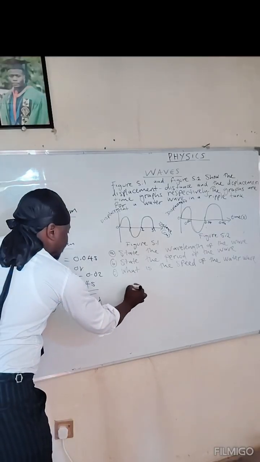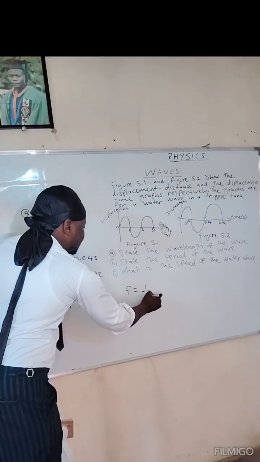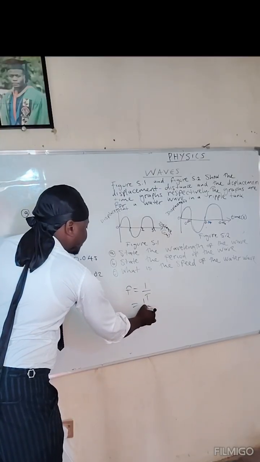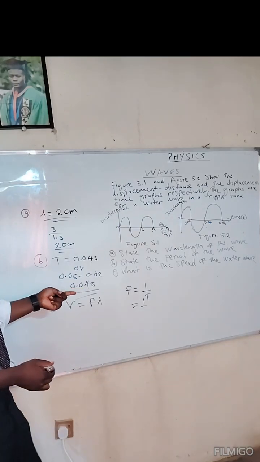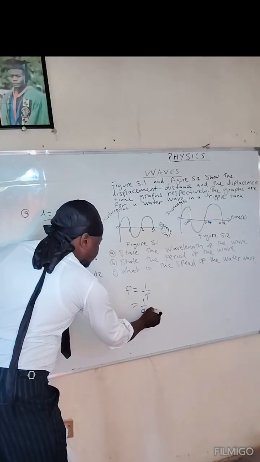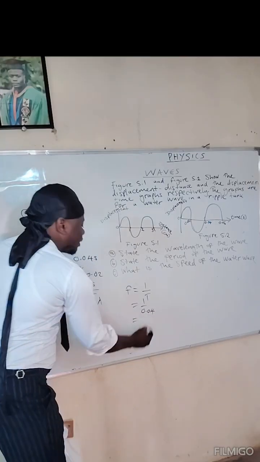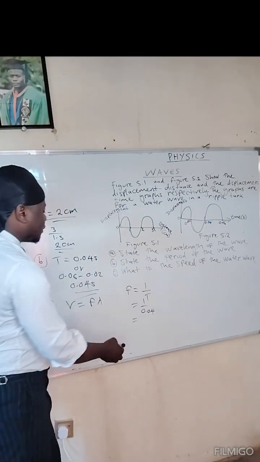So to calculate frequency, you use the formula for frequency, which is frequency is equals to 1 over period. So we have 1 here over period. We calculated period in Question B, 0.04. So here now you divide 1 divided by 0.04, what do you have?